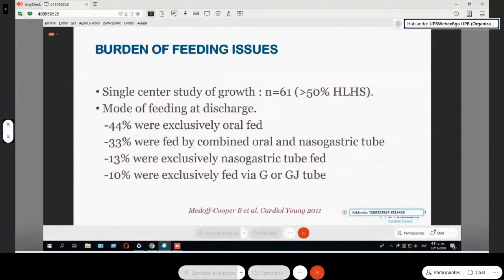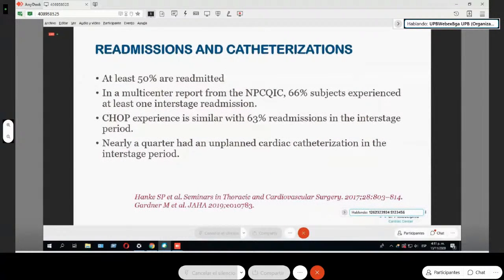Ahora, hace unos años se realizó un estudio en el que 44% de los bebés se les dio alimentación oral exclusivamente, 33% requirieron la combinación de alimentación oral y nasogástrica, 13% exclusivamente alimentados a través de tubo y 10% exclusivamente a través de un tubo de tipo GJ.